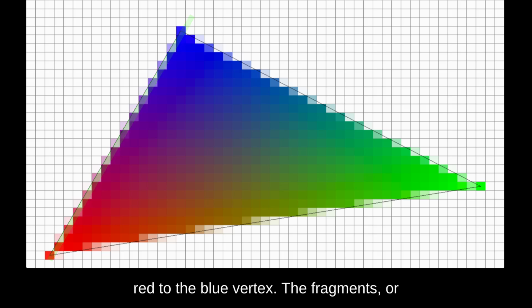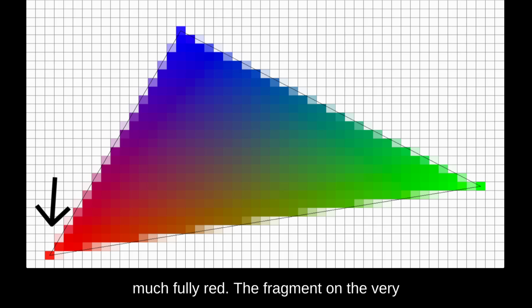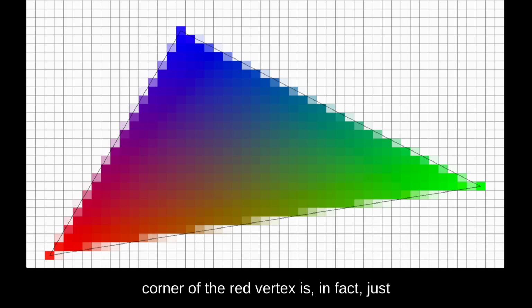The fragments, or little squares, over here start off pretty much fully red. The fragment on the very corner of the red vertex is, in fact, just completely red. But as it goes along the line, it's losing a bit of its red color and having blue color added, becoming purple, until it's eventually completely blue once it reaches this vertex.